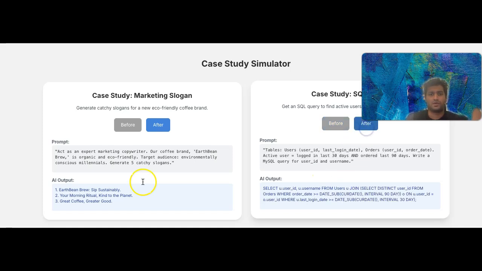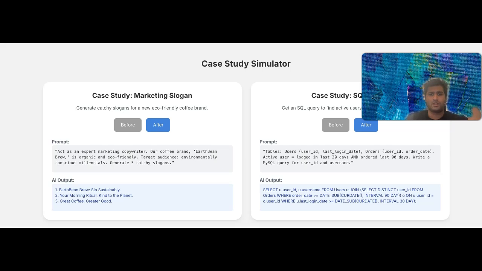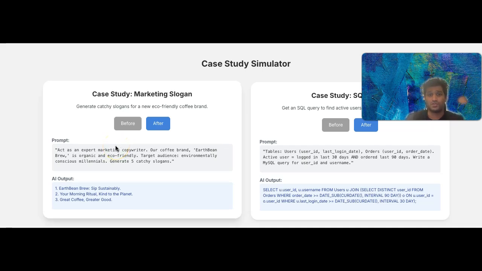But afterwards, when we refined the prompt by providing the database schema and a clear multi-conditional definition of active users, along with the chain of thought cue, it enables the AI to generate the complex query correctly. These examples show the transformative power of thoughtful prompt engineering.